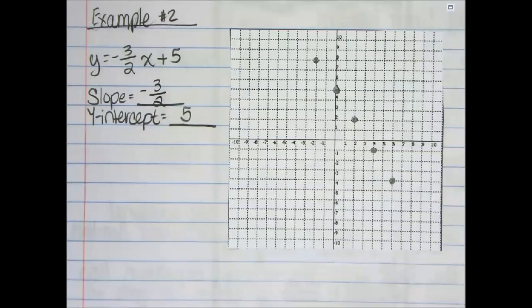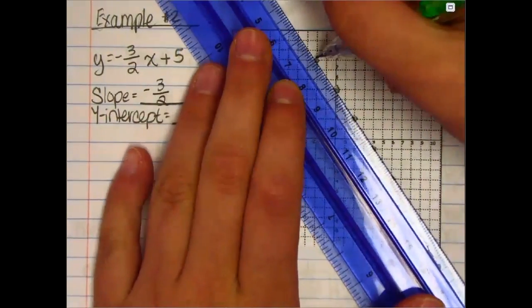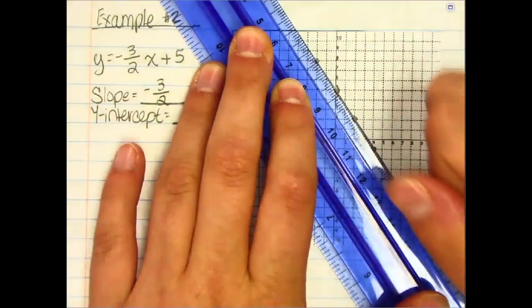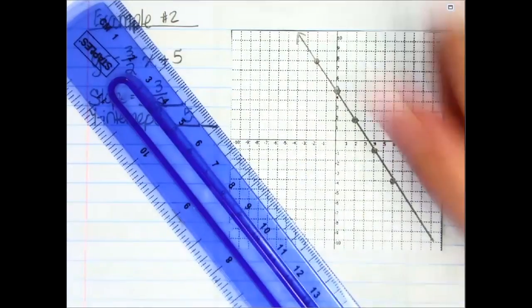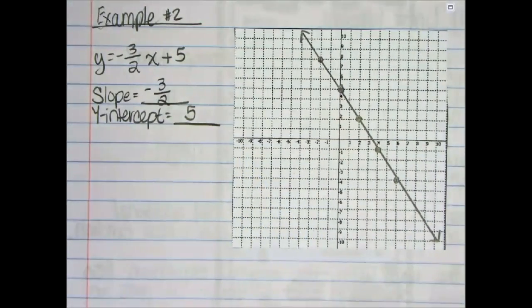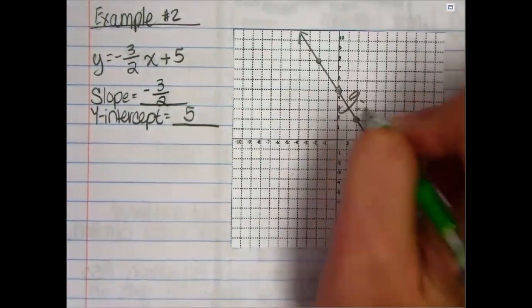And could I keep going on? I could, but do I have enough points to graph my line confidently? Yes. Draw my arrows to show that it goes on forever and ever in each direction. And then what else do I need to do? Label it.